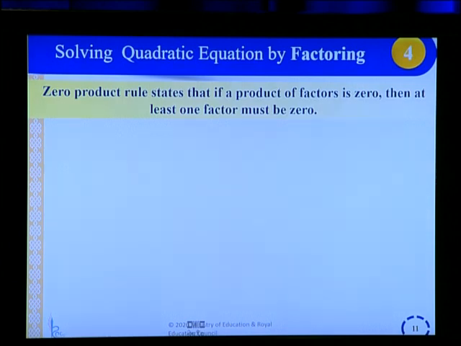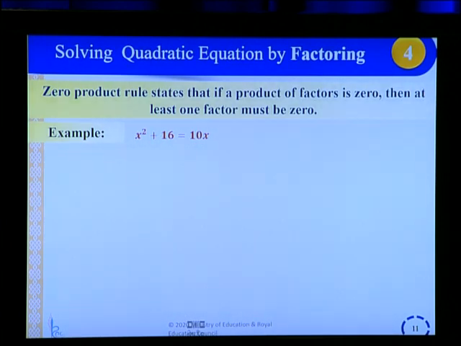The zero product rule states that if the product of factors is 0, then at least one factor must be 0. Now, let us try to see one example stepwise.